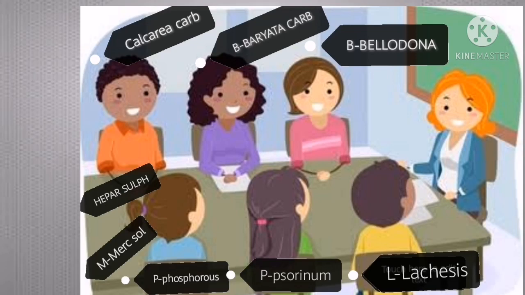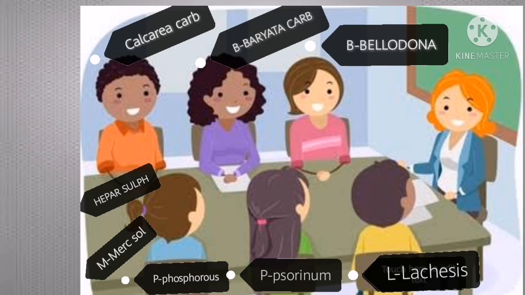Here B, B, C are not Boger Bonninghausen characteristics repertory. It means B for Belladonna, B for Baryta carb, C for Calcarea carb, H for Hepar sulph, and in Materia Medica, M for Mercurius sol, P for Phosphorus, P for Psorinum, and L for Lachesis.